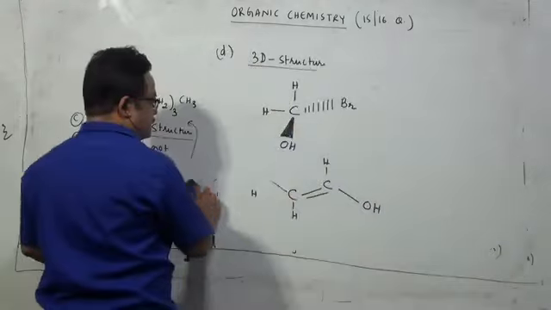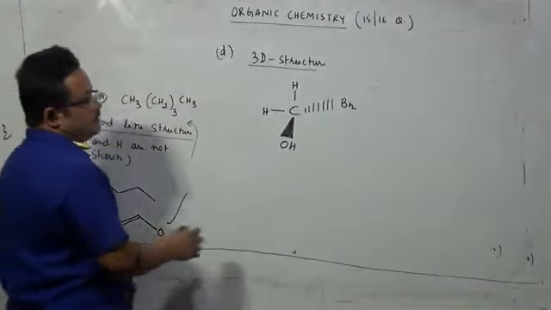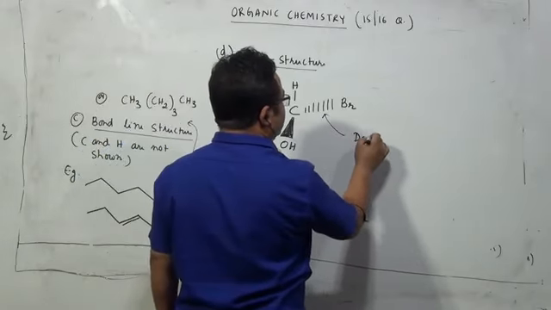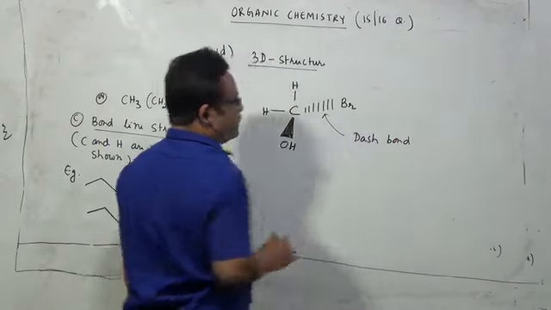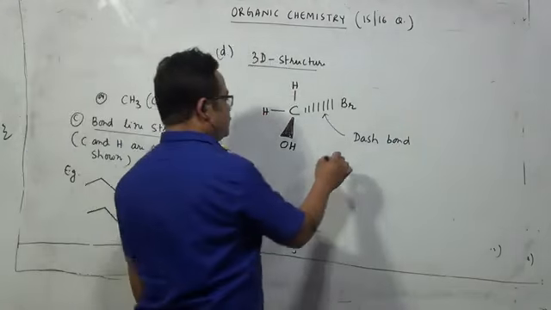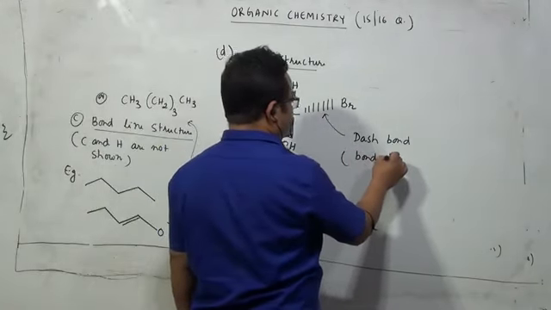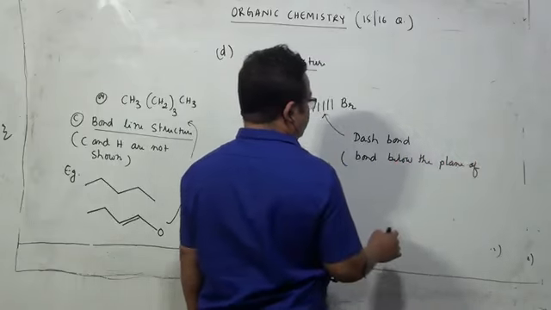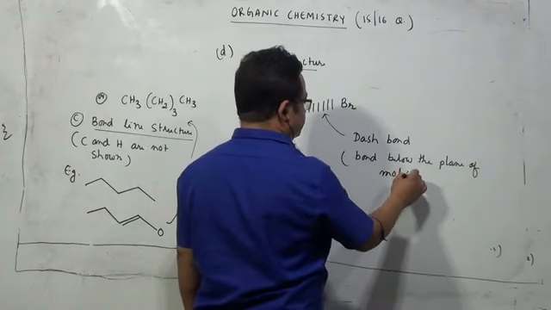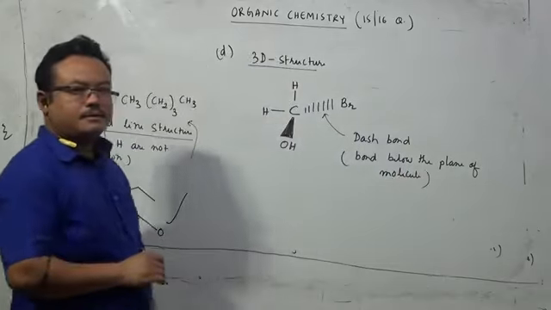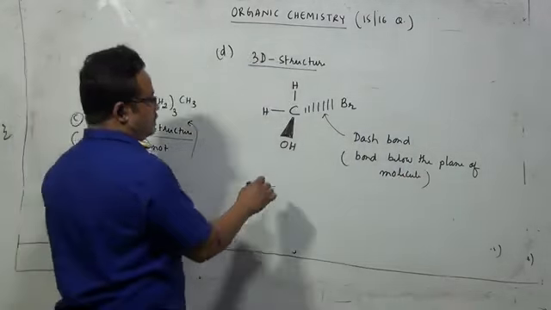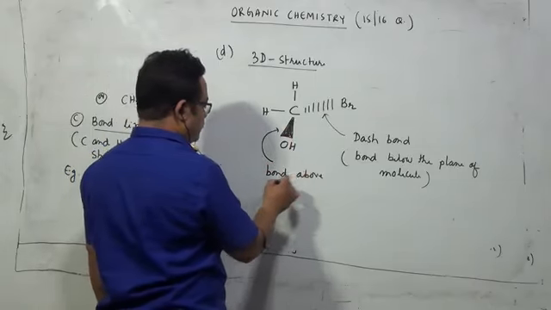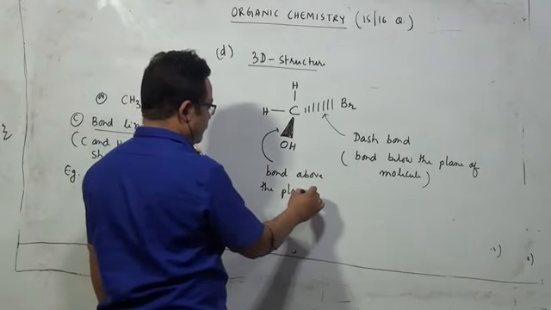This is the dash bond: a bond below the plane of the molecule. And this one is a bond above the plane of the molecule.